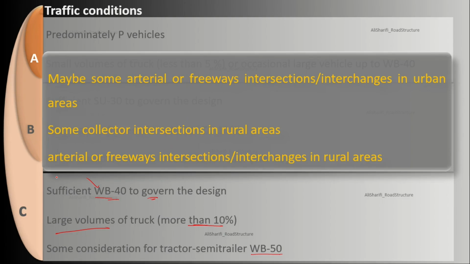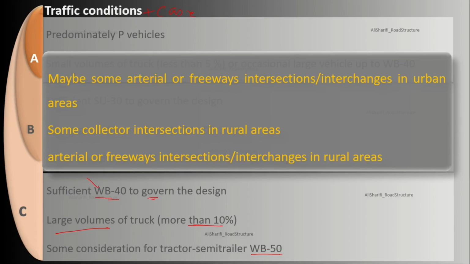All right, knowing how to pick the appropriate case and traffic condition for designing a specific turning roadway, you could go to the design table provided in the Green Book to determine the needed widths.